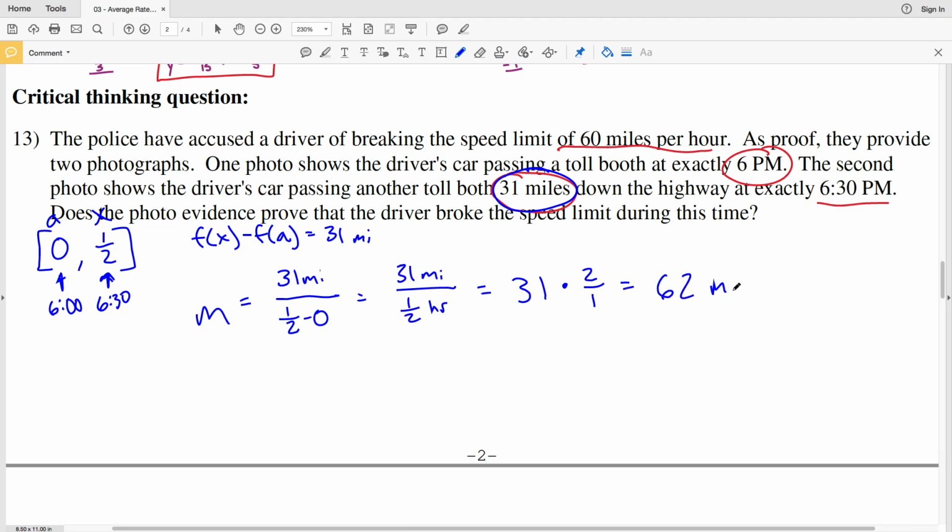So we'll have 62 miles per hour. That was the average rate of change. And the average rate of change is greater than that speed limit. Therefore, the photo evidence does prove that the driver broke the speed limit during this time. So again, my answer is yes.